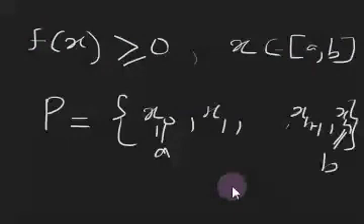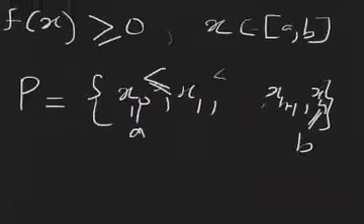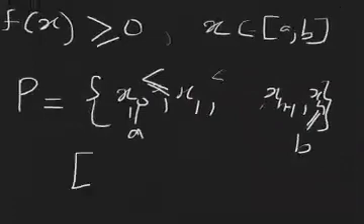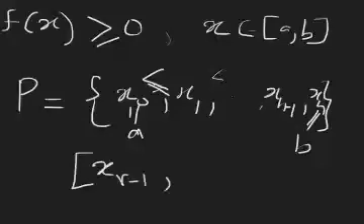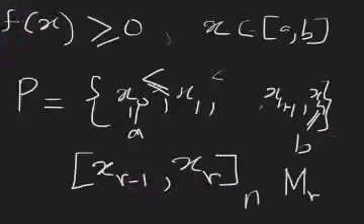Each point is less than the next, so this is the partition, and in each subinterval, if you consider this subinterval x sub r minus 1, x sub r, you know that because f is continuous, you can find a maximum and a minimum.